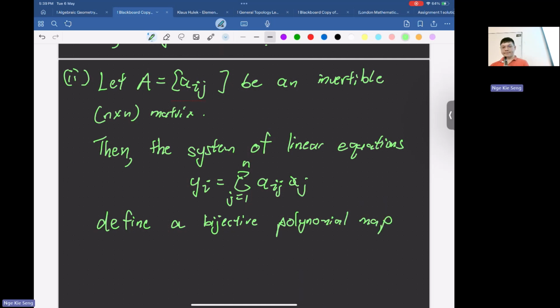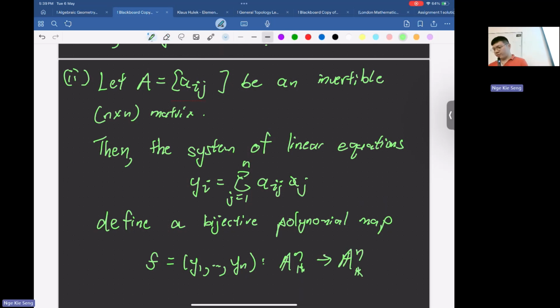From where to where? Actually this is just defined by these y_i here, from A^n to A^n also.